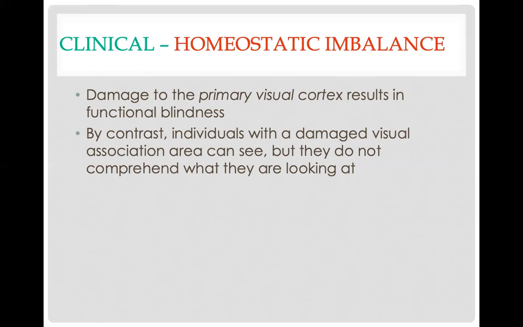However, they cannot tell you what that information actually means. They cannot tell you that they're seeing, let's say, their mother, or they cannot say that this is a clock or the color is red, okay? So this is important for you guys to recognize the difference between primary visual cortex versus visual association area.